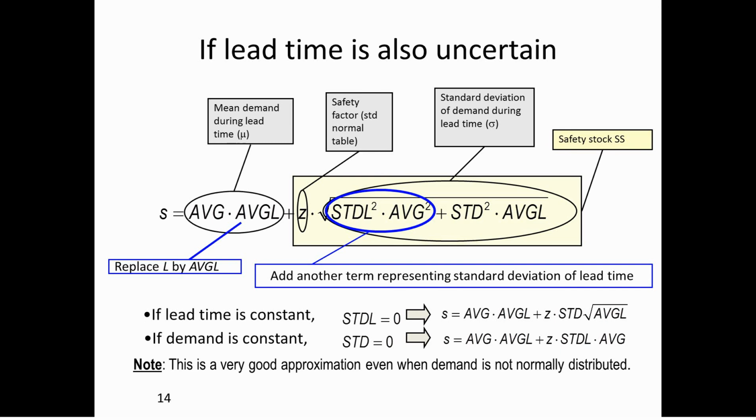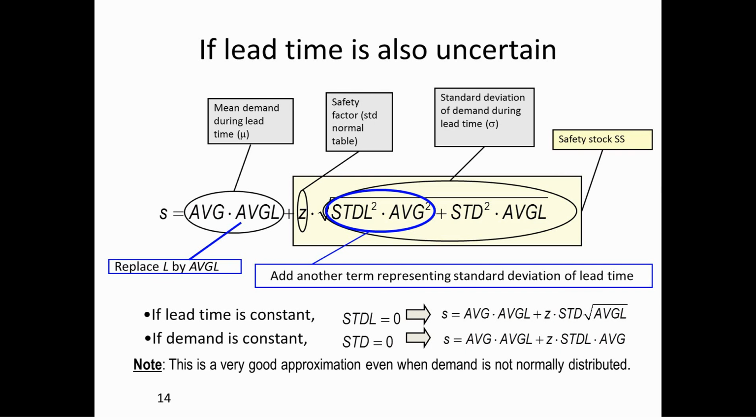One of the things that gets a little tricky is, what if the demand is not normally distributed, which is not always an accurate assumption? In fact, demand really isn't normally distributed from a technical perspective, and sometimes it can be quite far off from that.